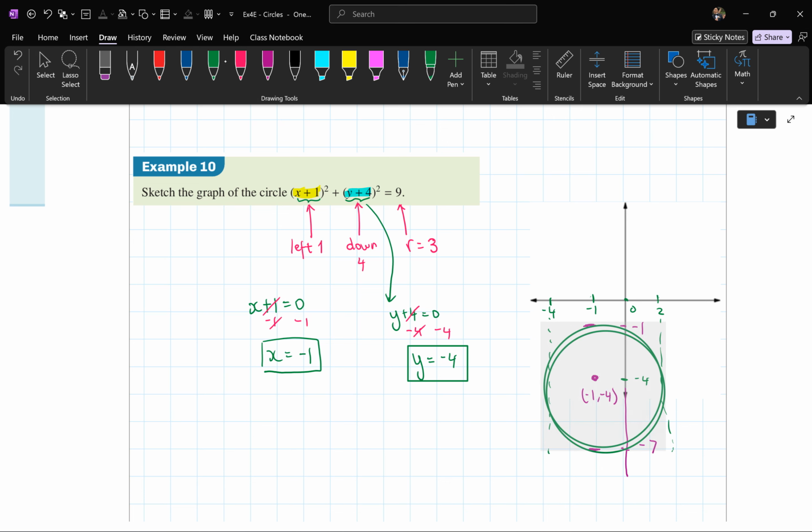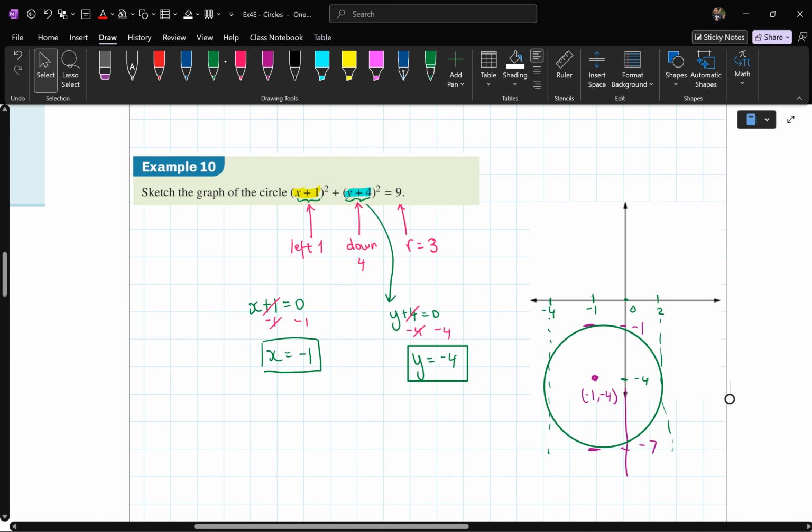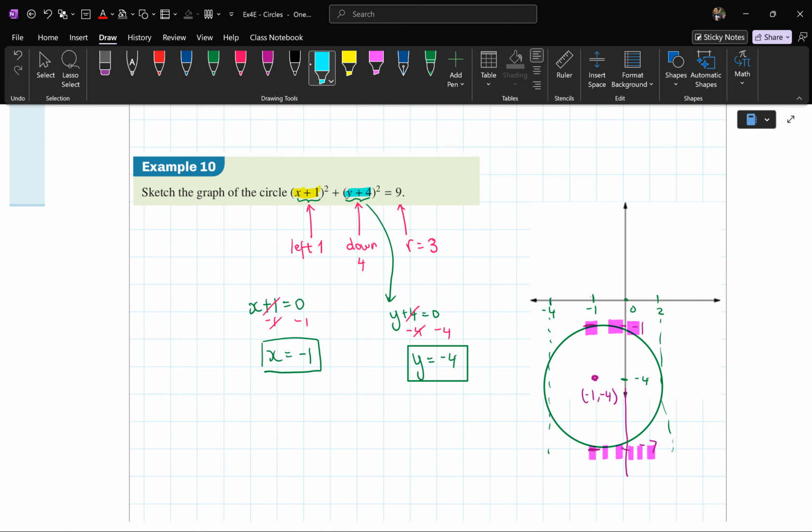I'm drawing it like that so that we can see it has a max height of negative 1, a minimum height of negative 7, the width is at negative 4 and 2, and the center is at negative 1, negative 4. I'm just going to rub this out so it doesn't look so nasty. Let's make it look prettier. Let's just call that minus 7.